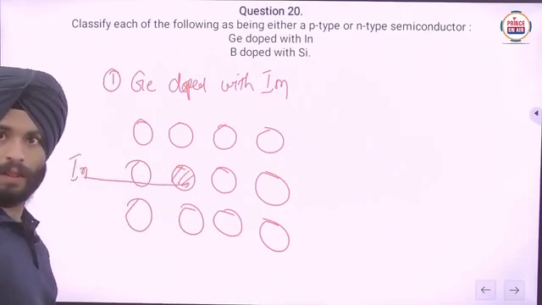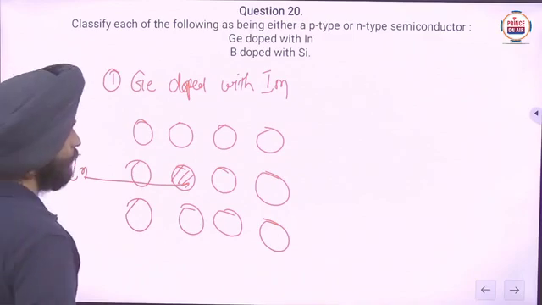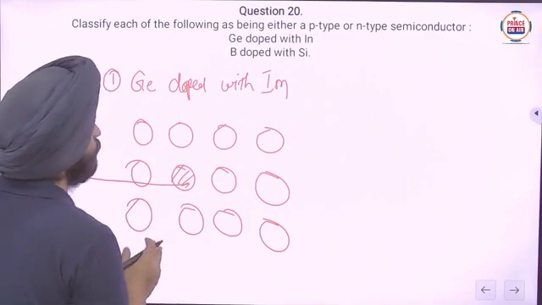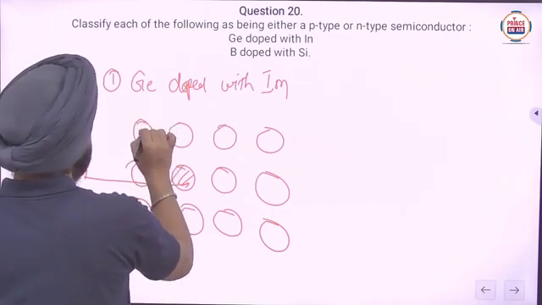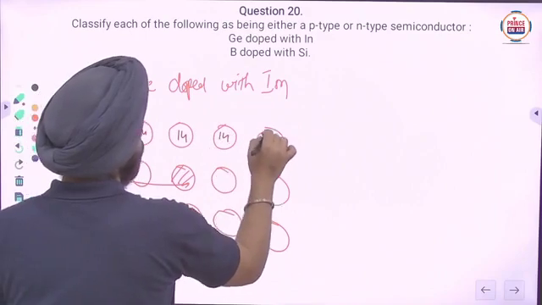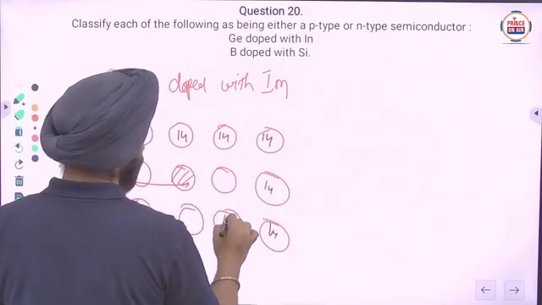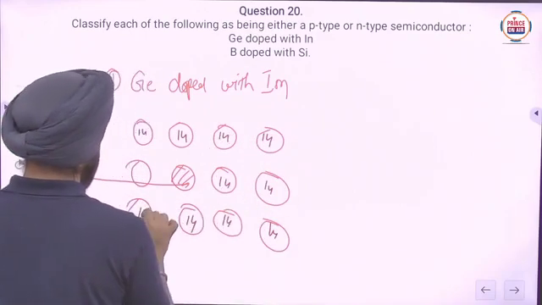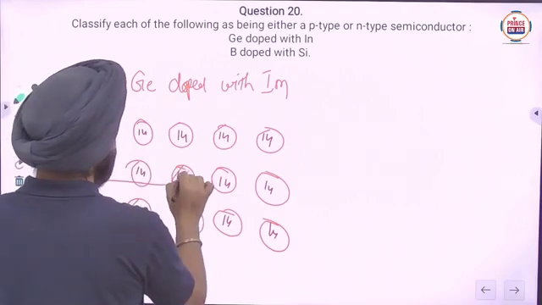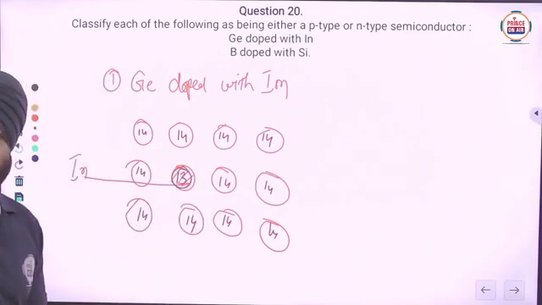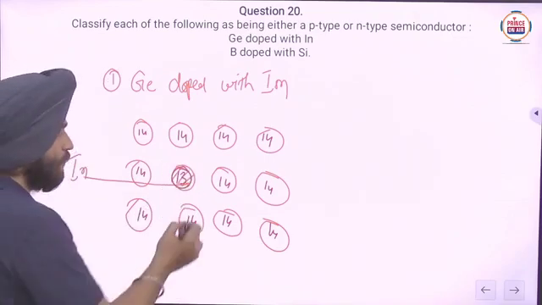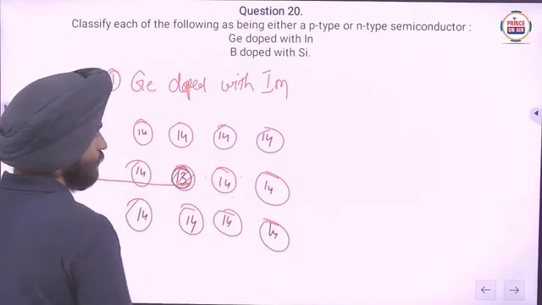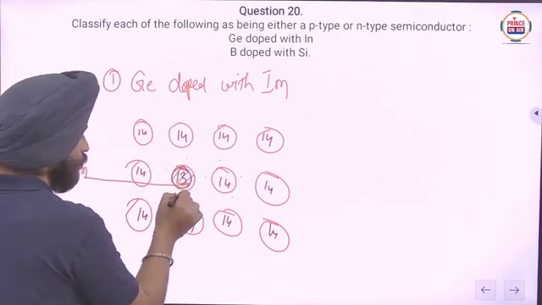Okay, clear? Here you can see indium belongs to group 13, and germanium belongs to group 14. So germanium has valency 1, 2, 3, 4, but indium has only 1, 2, 3.